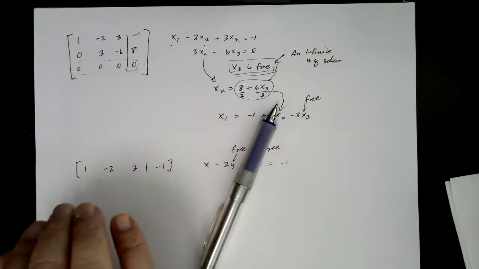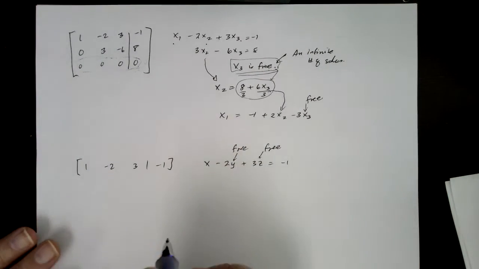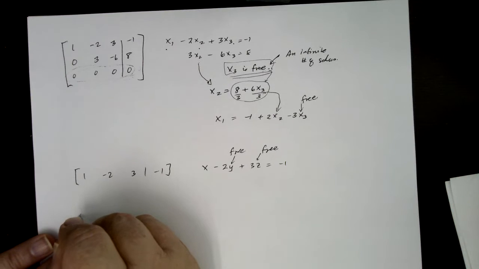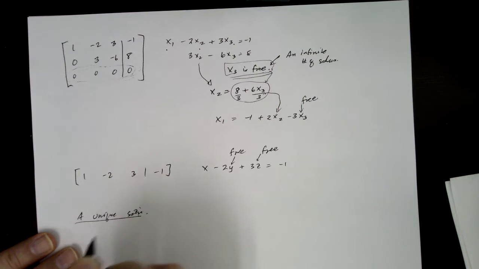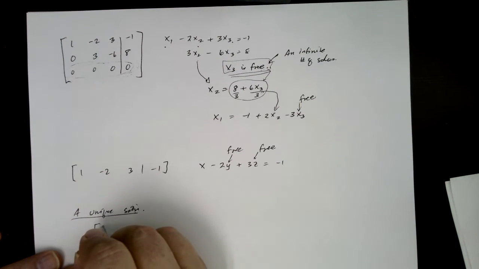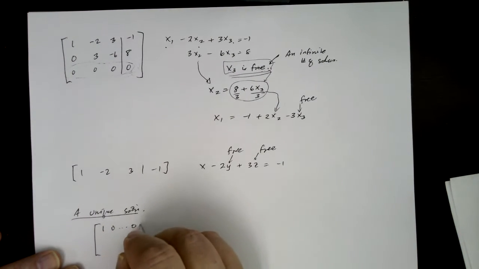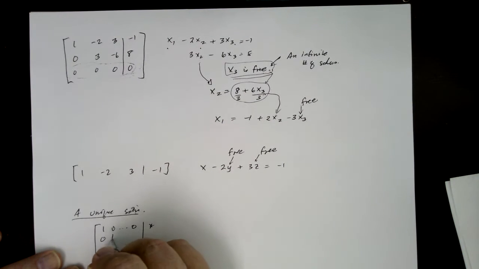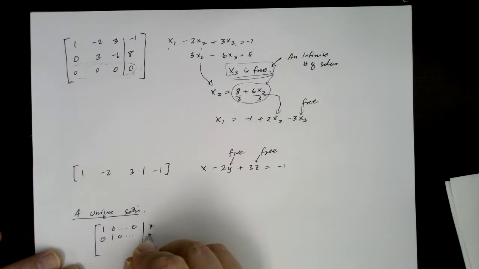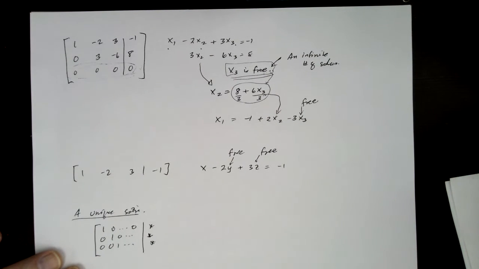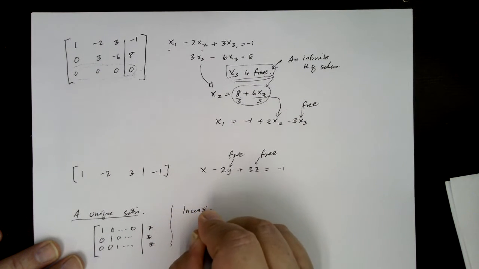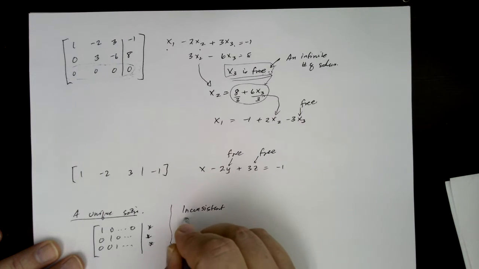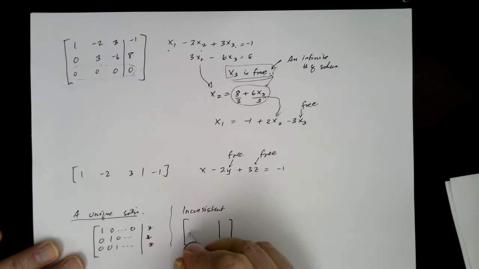Okay, good. So we've now gone through the cases where we have a unique solution. What are we looking for in the case of a unique solution? Well, you want to be able to get to 1, 0, 0, and then a number here, and then 0, 1, 0, then a number there, and then 0, 0, 1, and then a number there, and so on. Okay. And then the inconsistent situation is where you're going to have, do you remember?